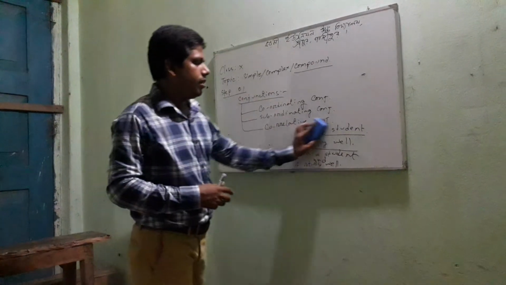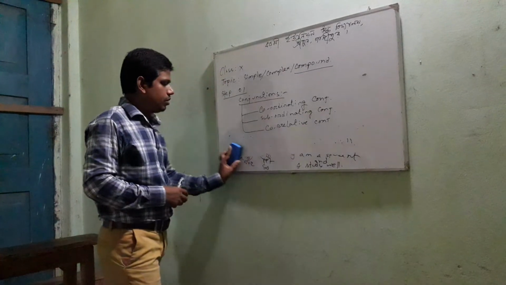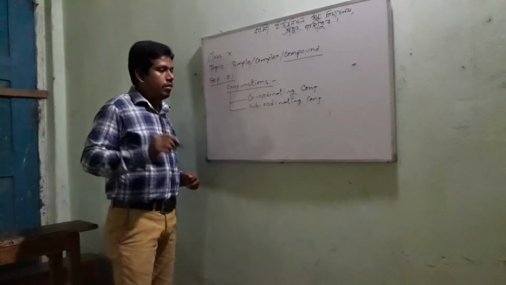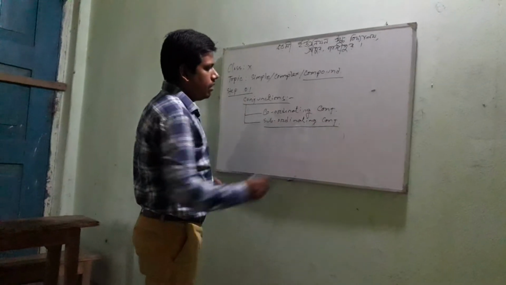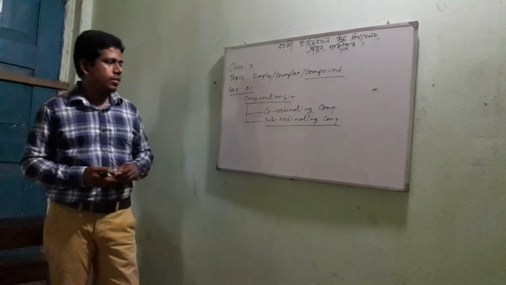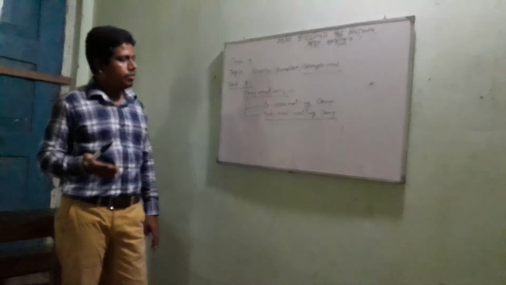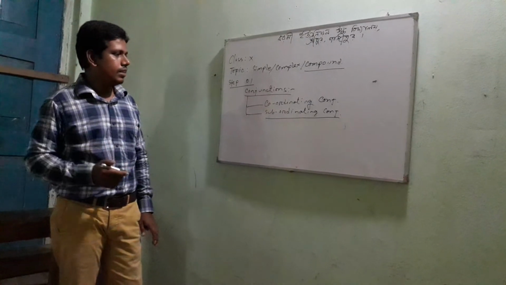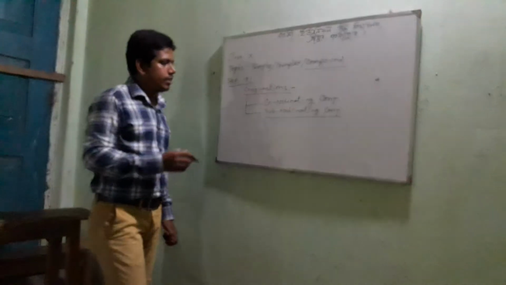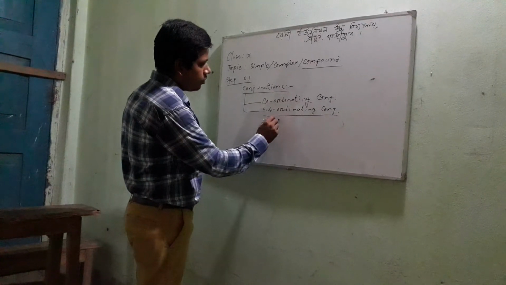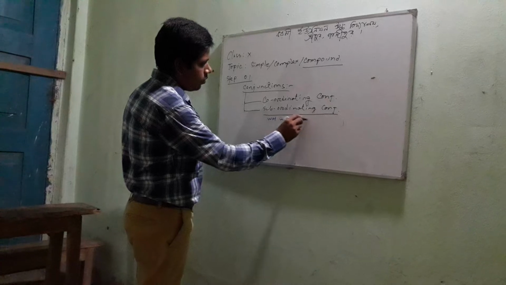And now we will talk about subordinating conjunctions. What are subordinating conjunctions? There are not a few, I think there are many, and you have to write them. At first we can find WH words.